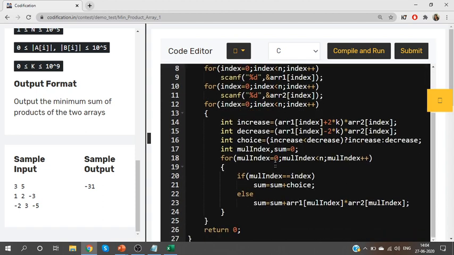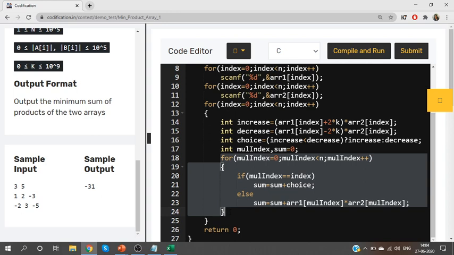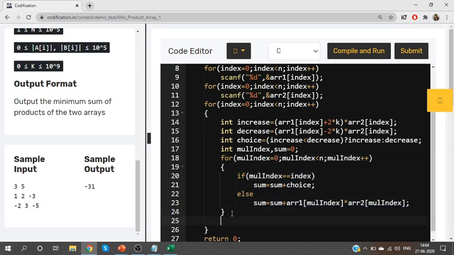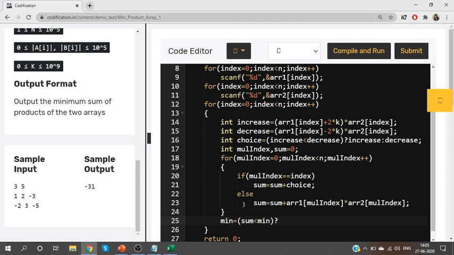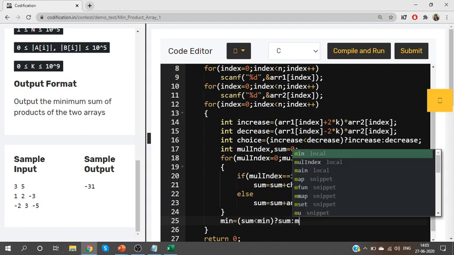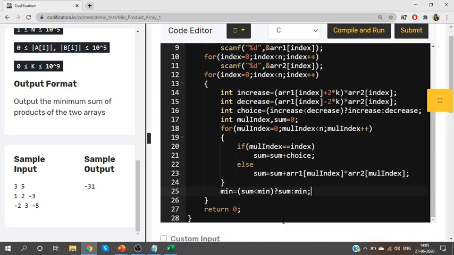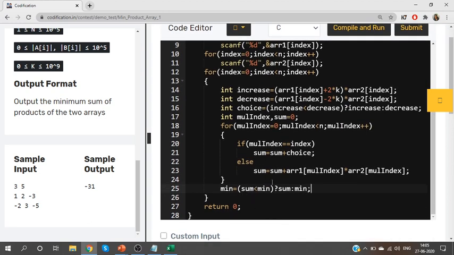Okay. So after you calculate the sum, update min. How will I update min? Check whether sum value is less than min value. Question mark. If sum value is less than min value, then choose sum, otherwise choose min. Which means whichever is lesser among these two, choose the lesser value.